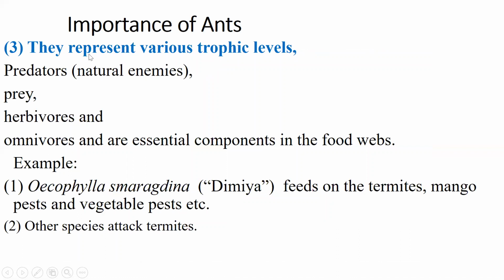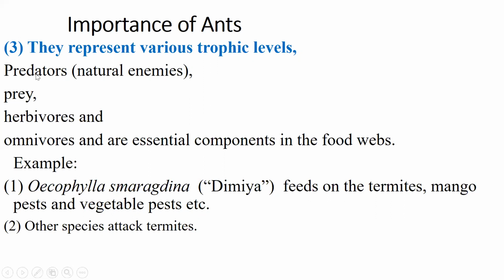Then another importance is that they represent various trophic levels. In ecology, you learn about food chains and food webs. In there you learn about predators, prey, herbivores, omnivores, and all that are very important components in the environment, because they are components in the food webs. One example is a very common ant, Dimia, which feeds on termites, mango pests, vegetable pests, and other insect pests, right?